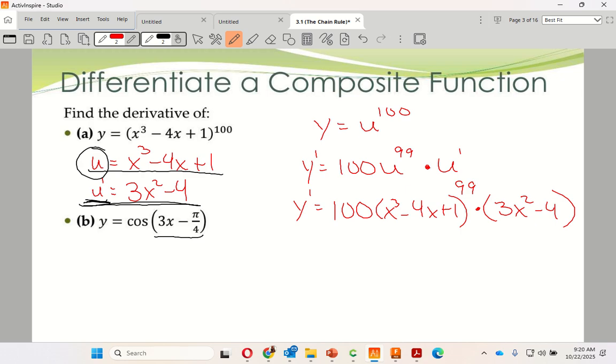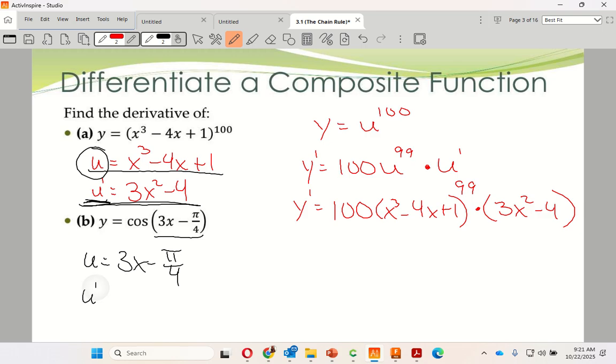All right, so now we go inside out, and so the complicated part of this would be my 3x minus pi over 4, right? So I'm going to say that is my u. Okay, u prime, it's going to be 3.